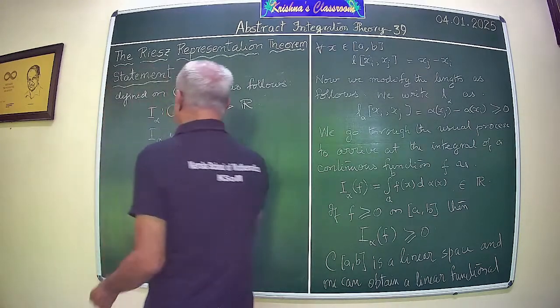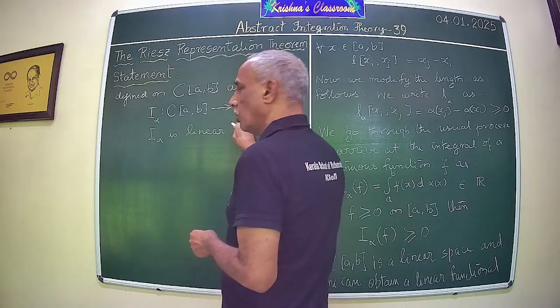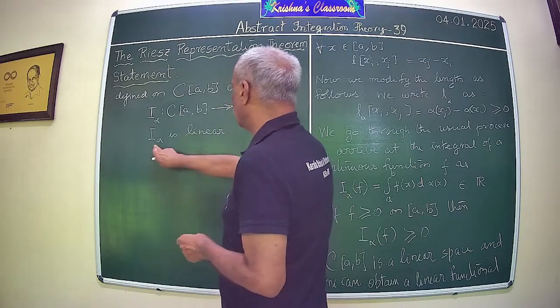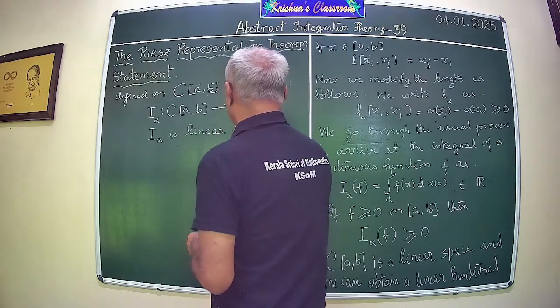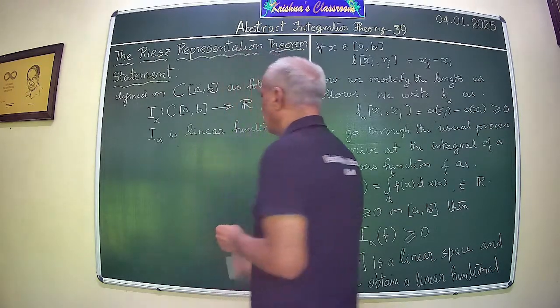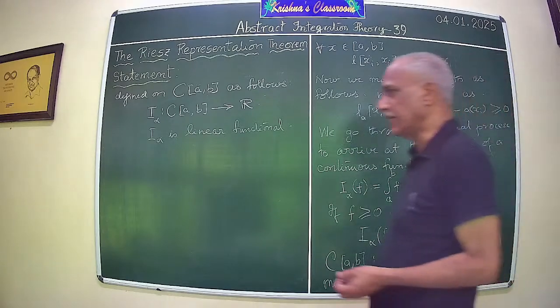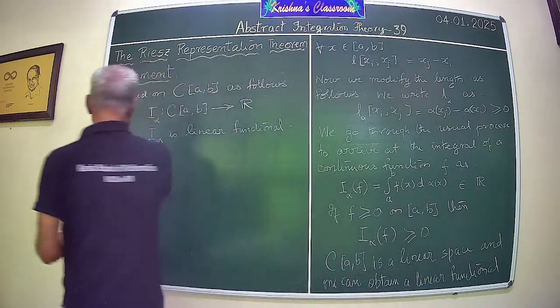The first part says it's a functional, therefore it's a functional on this linear space. So I alpha is linear, and therefore it is in the dual of C[a, b]. It's an element of the dual of C[a, b].